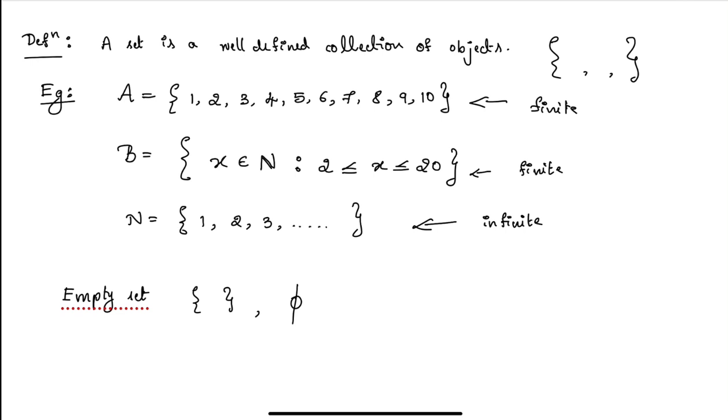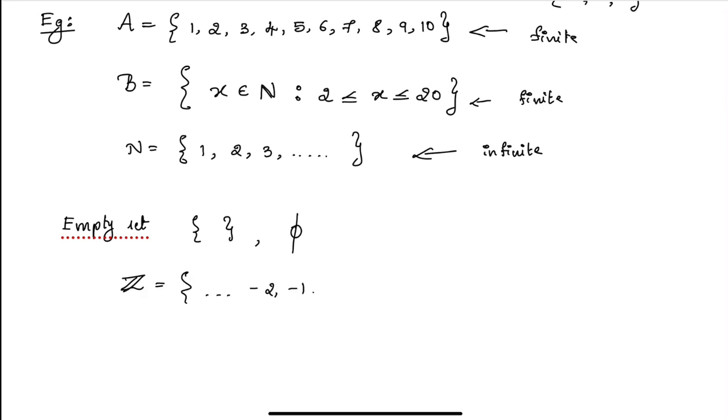Now we will come back to the point of well-definedness. Why is this word important? Suppose I say collect all the natural numbers, you will naturally give me this set. Or if I ask you to collect all the integers, you will give me this particular set, right?